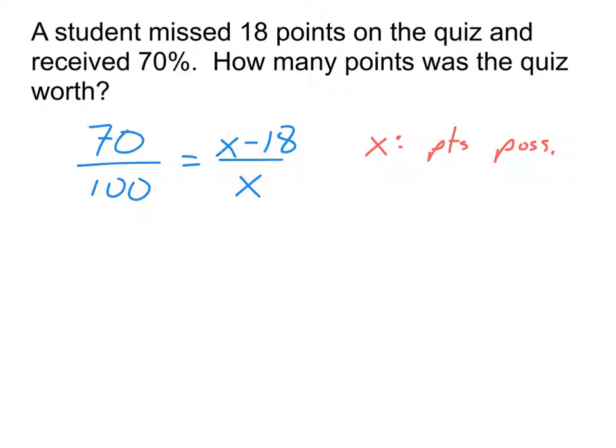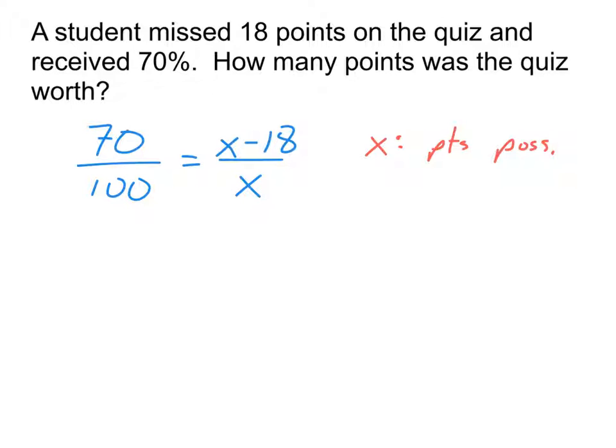And so if x is points possible, I can take the total points possible and subtract 18 to get the number correct. That way I get the 70% that was right. So all of a sudden the proportion can do something for us now that we couldn't have been able to do before. But now that we have it set up like this, we can solve it from there.